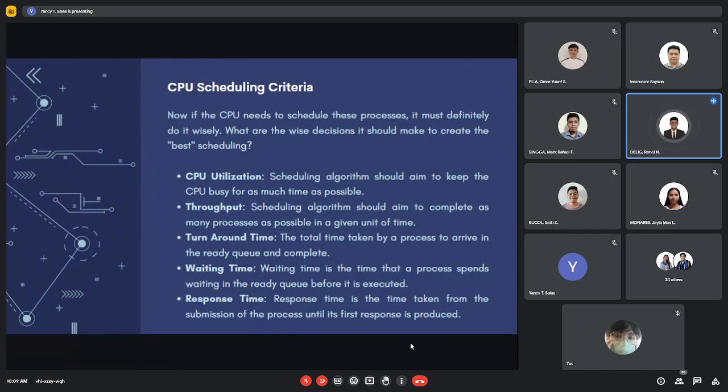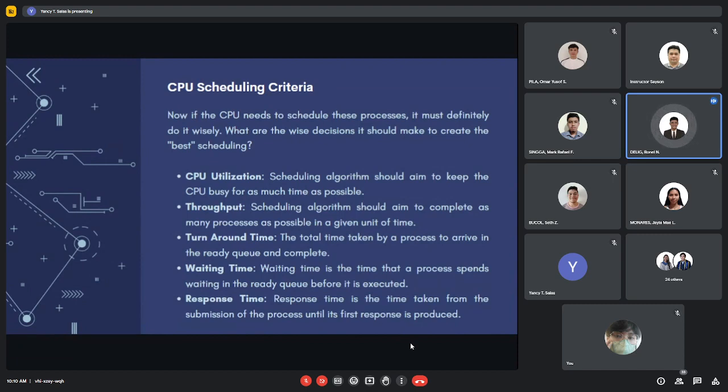So this turnaround time is not the best way to measure the efficiency of our scheduling algorithm. That's why we need the response time, which will measure the time that the process is being executed while the output is still waiting to come out.